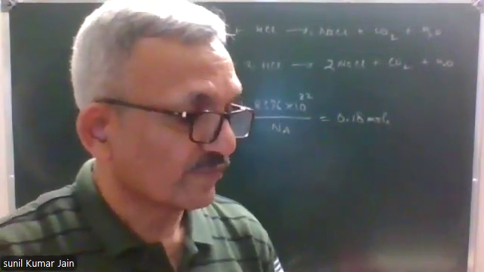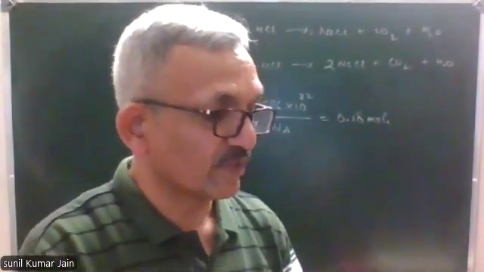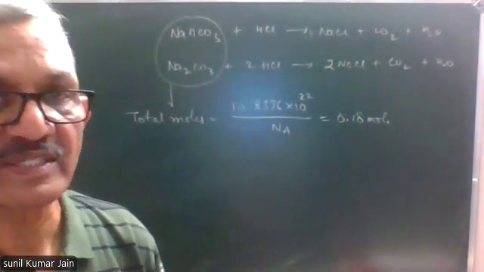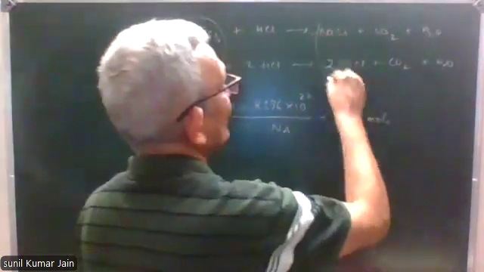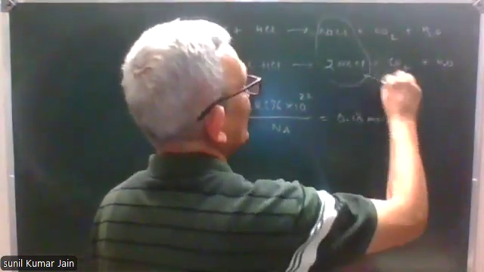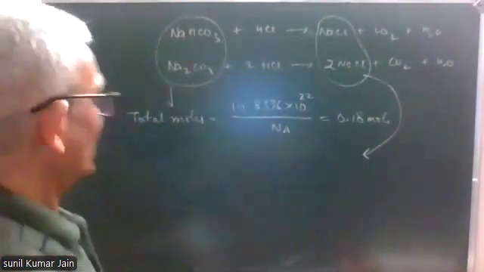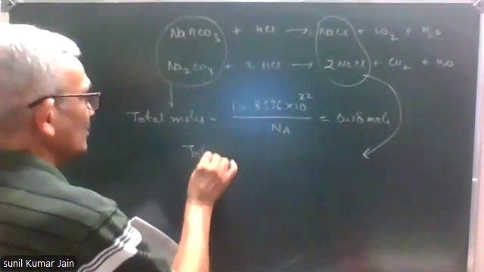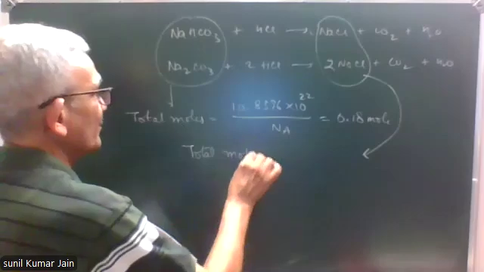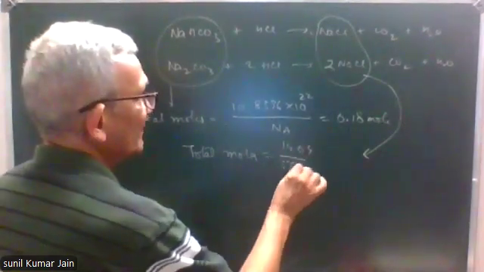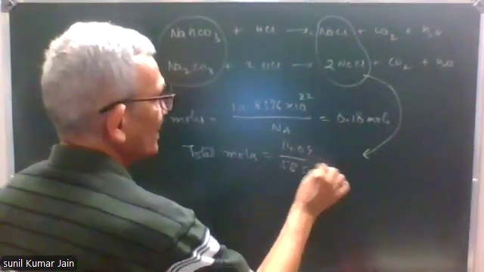If a total of 14.04 gram of NaCl is produced, calculate the percentage of sodium bicarbonate in the mixture. This total NaCl produced, how much? Total moles will be 14.04 divided by molecular weight.